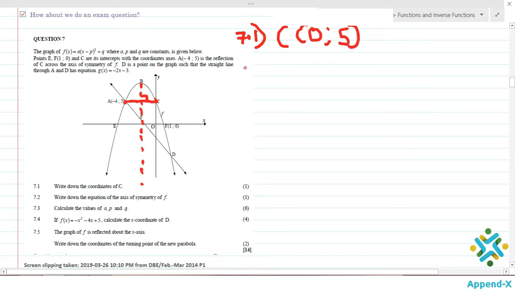Okay. Now moving on to 7.2, it says write down the equation of the axis of symmetry of f.